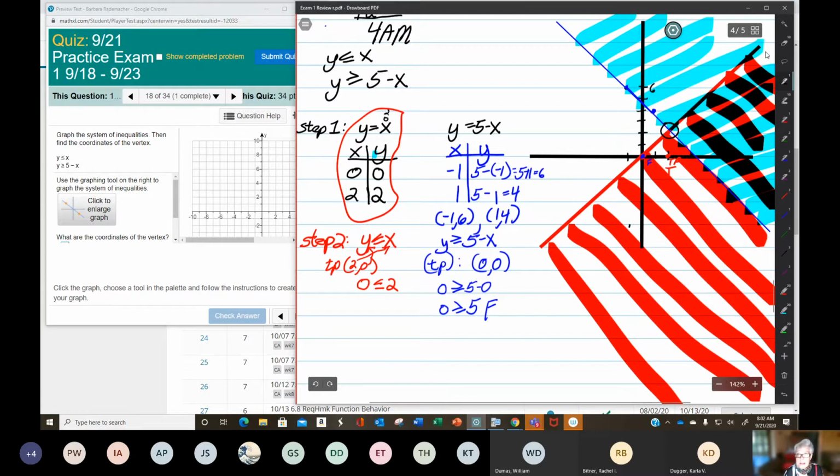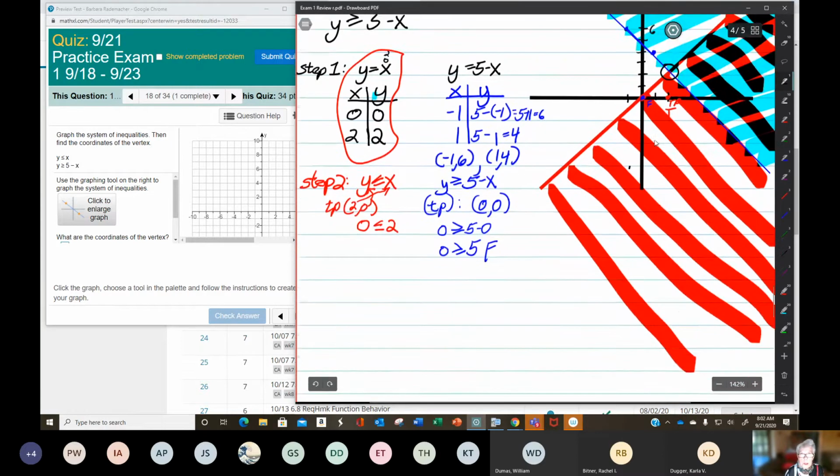Meanwhile, finding the vertex is going to consist of taking the equations of the two lines, y equals x and y equals 5 minus x, and solving those as a system. Well, this is ideal for the substitution method you learned back in beginning algebra. Since y equals x and y equals 5 minus x, they've got to equal each other, right?